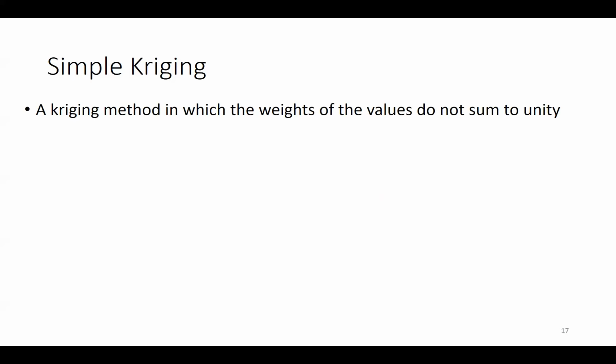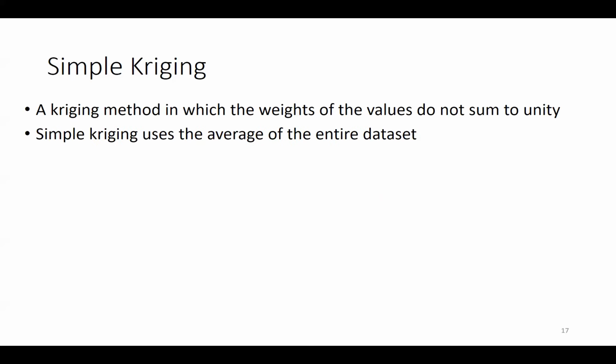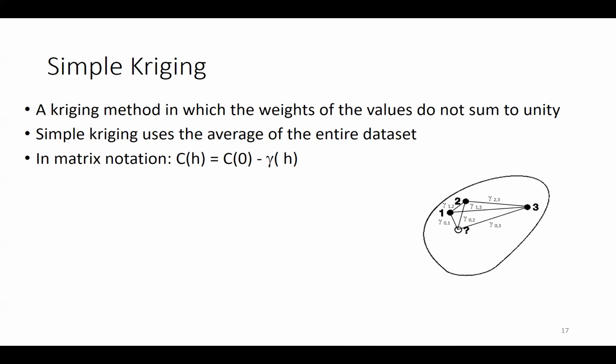As I mentioned, in simple Kriging the summation of weights does not sum to unity, but in ordinary Kriging it sums up to 1. In simple Kriging, we use the average of the entire data set as the mean value in this equation.